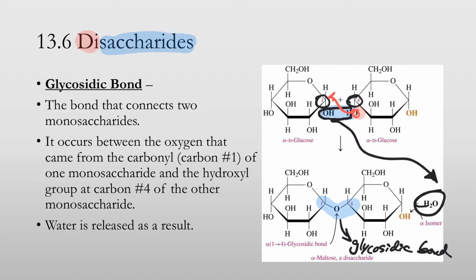So if I was to make that a red oxygen, this would be red right there. And so you get this carbon-oxygen-carbon bond. That group is the glycosidic bond, and the terminology here, alpha 1 to 4, just tells you the positions that they occurred, because it can be different.